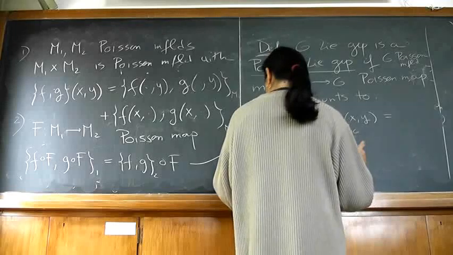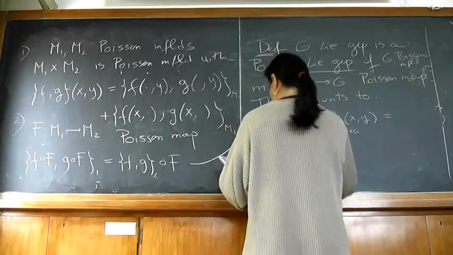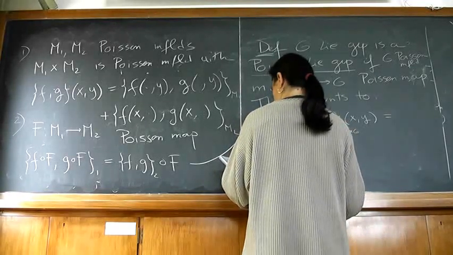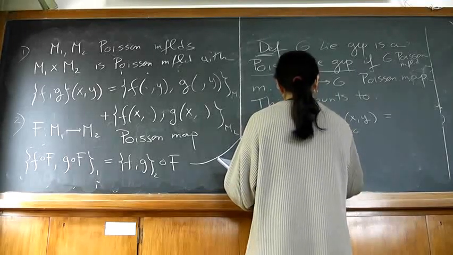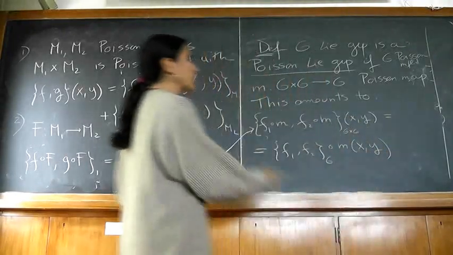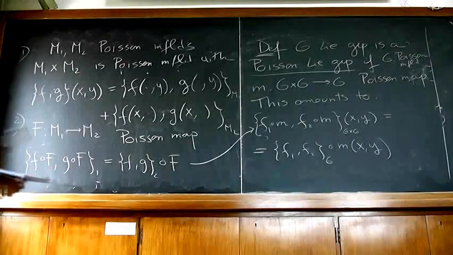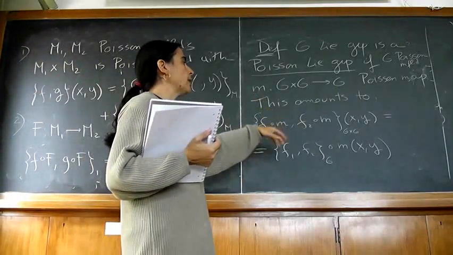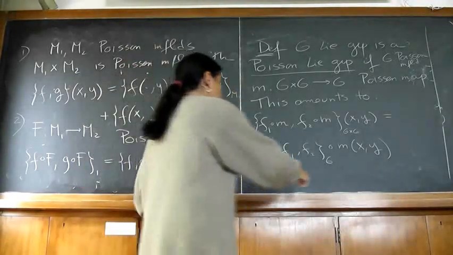It gives the result. So this is F1, F2. So I rewrote the condition. This is very typographical. So it says Poisson map if it satisfies this condition. So if I have the multiplication, it has to satisfy this. Let's see what the consequences are.